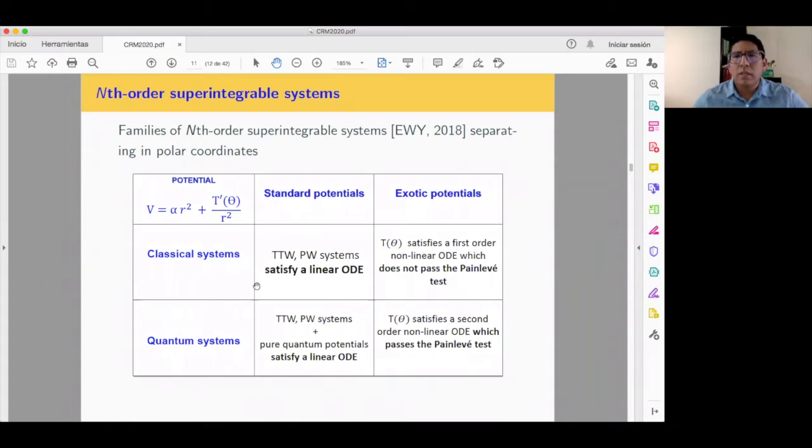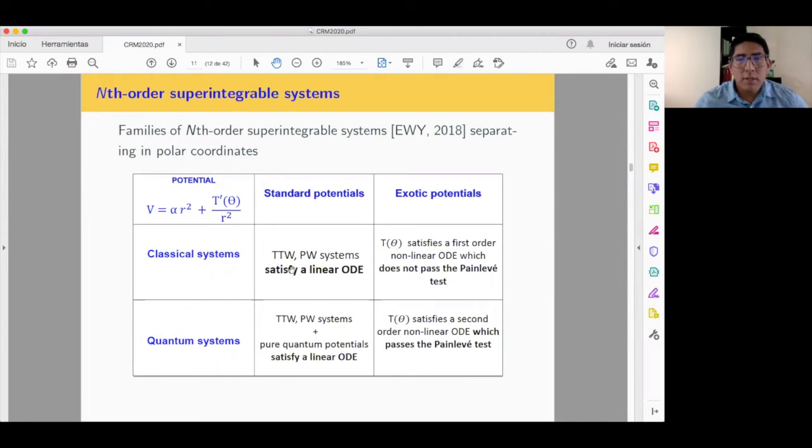So in 2018, with Pavel, we studied in detail this kind of system that admits separation in polar coordinates. So they have this generic form. It turns out that for the radial part, we only have basically the harmonic oscillator, and the non-trivial part is encoded in the angular dynamics.